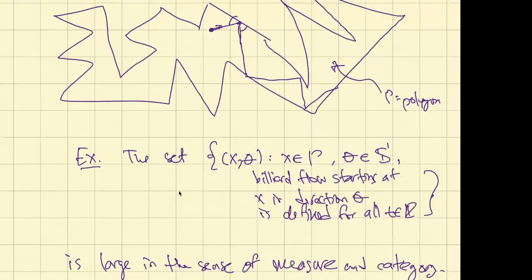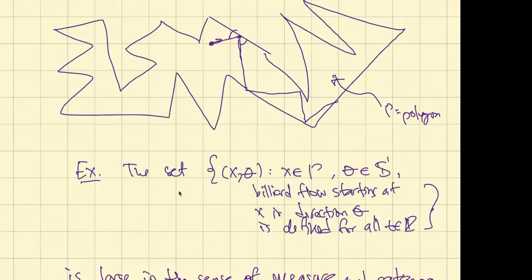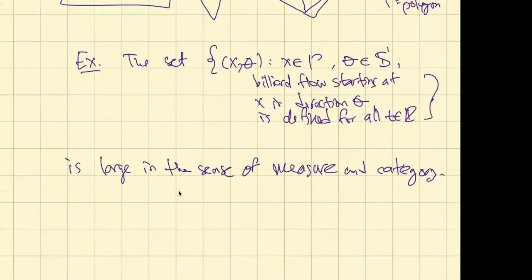I've just defined how they behave, but of course there's the issue of hitting vertices, and I'm claiming that hitting vertices shouldn't deter you from studying the dynamics here, because the dynamical system is well defined in the sense that there are going to be trajectories that don't hit vertices.